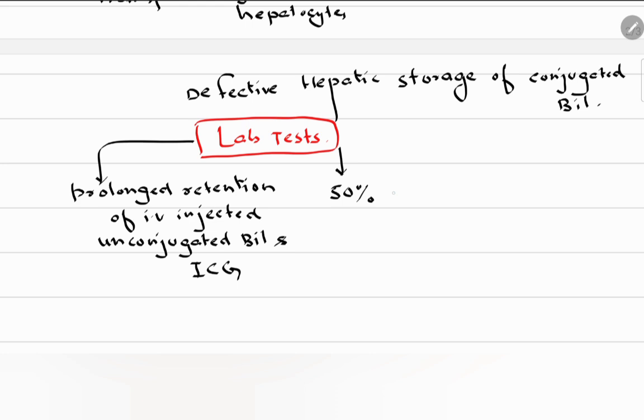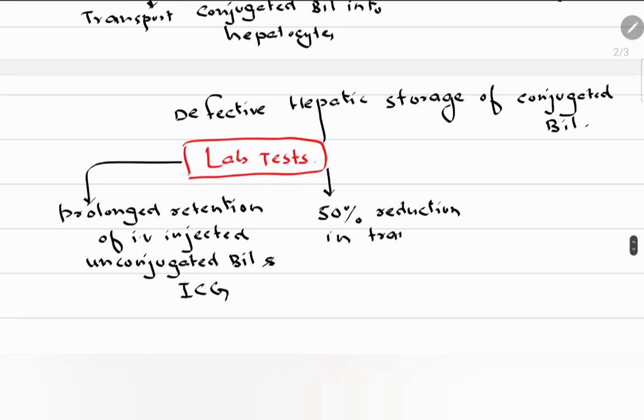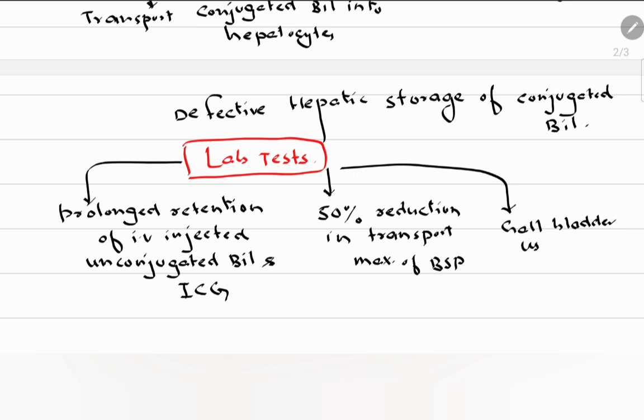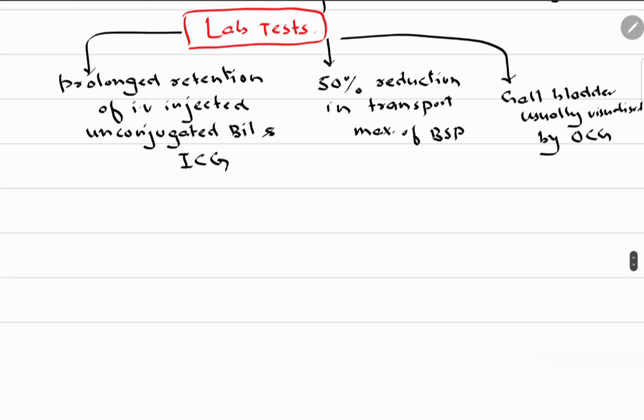You may find 50% reduction in transport maximum of BSP. And gallbladder is usually visualized by OCG, which is not the case in Dubin-Johnson syndrome. Liver histology will be normal. That was black in Dubin-Johnson syndrome.